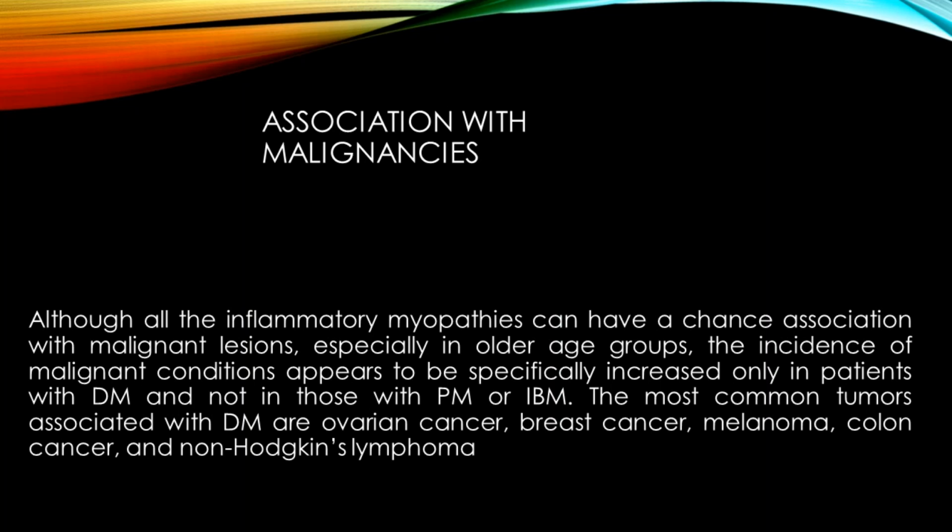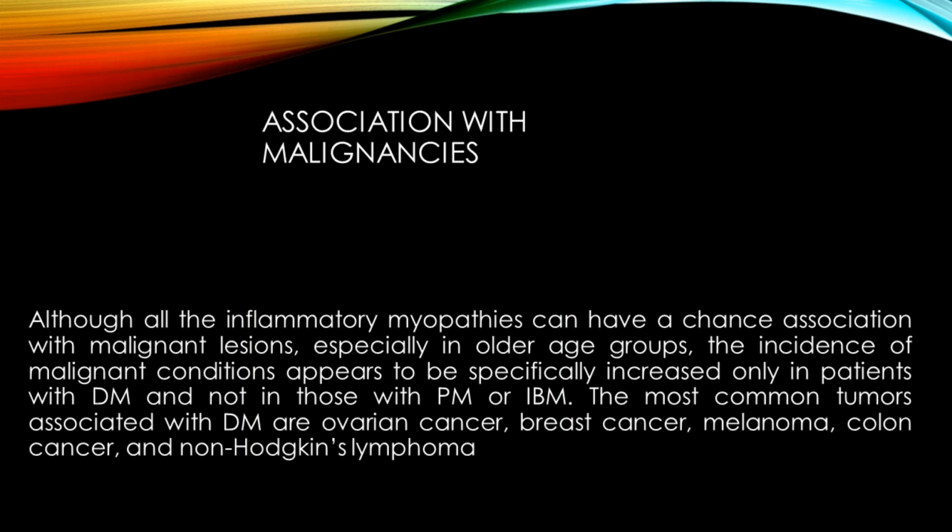Association with malignancies. Although all the inflammatory myopathies can have a chance association with malignant lesions, especially in older age groups, the incidence of malignant conditions appears to be specifically increased only in patients with dermatomyositis and not in those with polymyositis or inclusion body myositis.